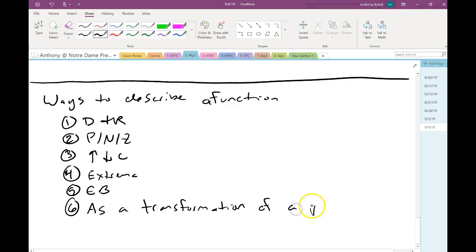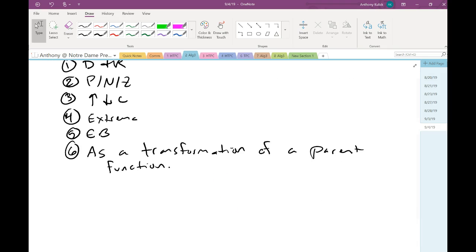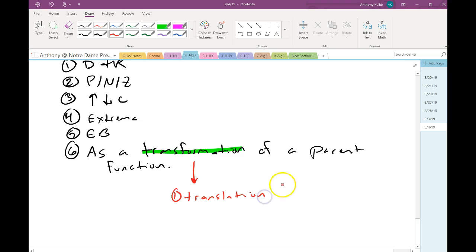Of a parent function. So yesterday we reviewed what we meant by transformation. We talked about translations, where we slide left or right or up and down.